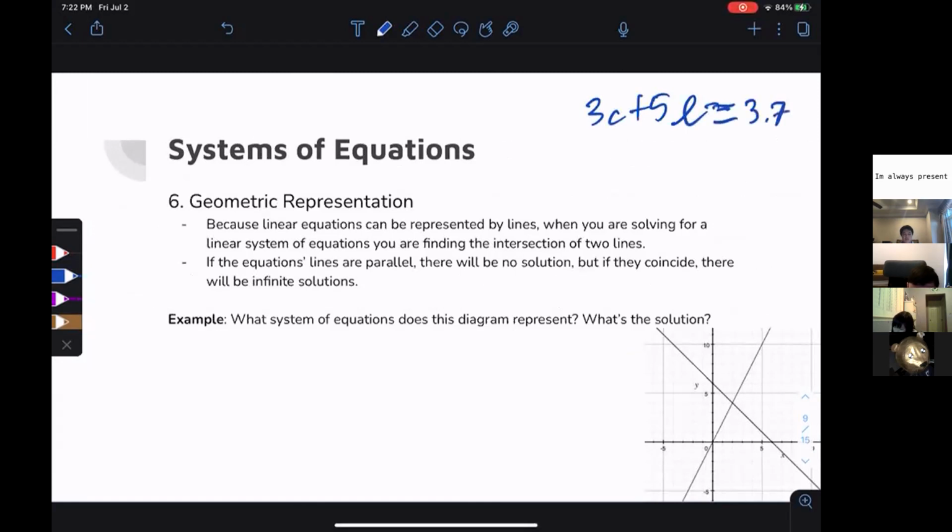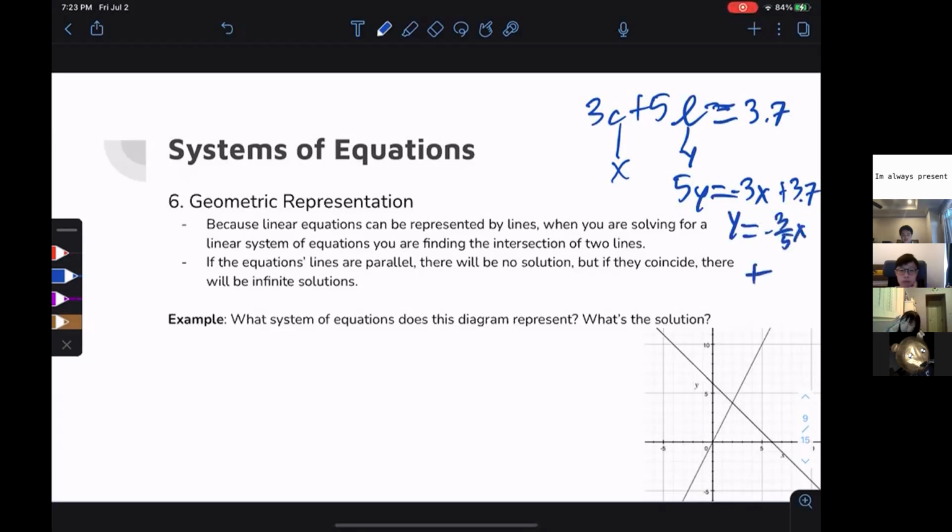If you say L is the y-axis variable and C is the x-axis variable, you have 5y equals negative 3x plus 3.7, then you just see, oh, this is the form of a line. You can just write it in slope-intercept form, and then that's just the graph of a line.